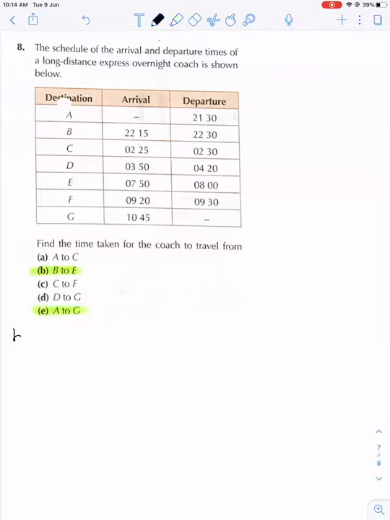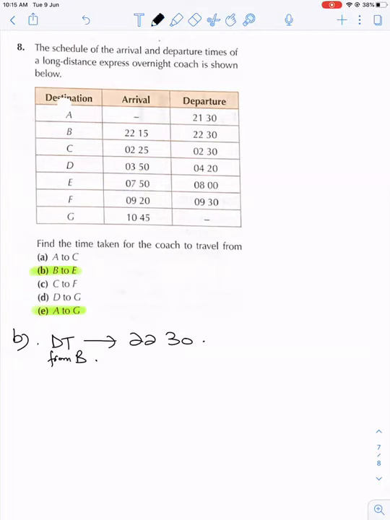Okay, now in the B part, it says time taken for the coach to travel from B to E. From B you take the departure time. The departure time from B, if you notice here, is 22:30. So I'm going to write 22:30 as the departure time from B. Arrival time at E is going to be 7:50.